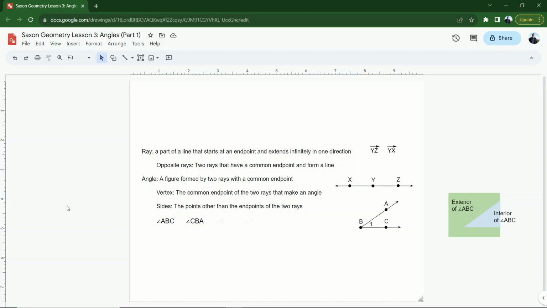These are both valid ways of naming the angle, and probably the most common way of naming an angle is to name 3 points that are on the angle with the vertex in the middle and then the other 2 points on the sides.